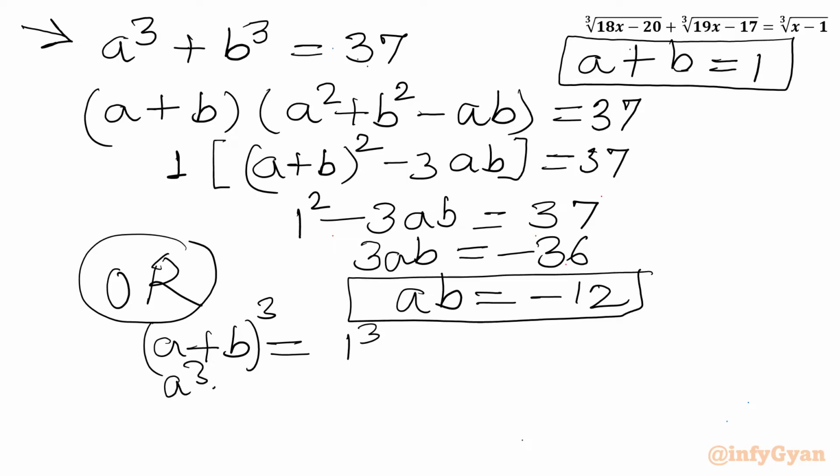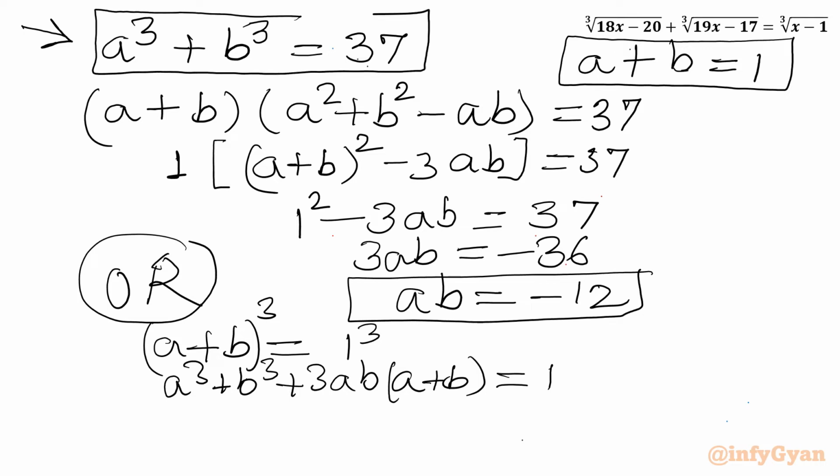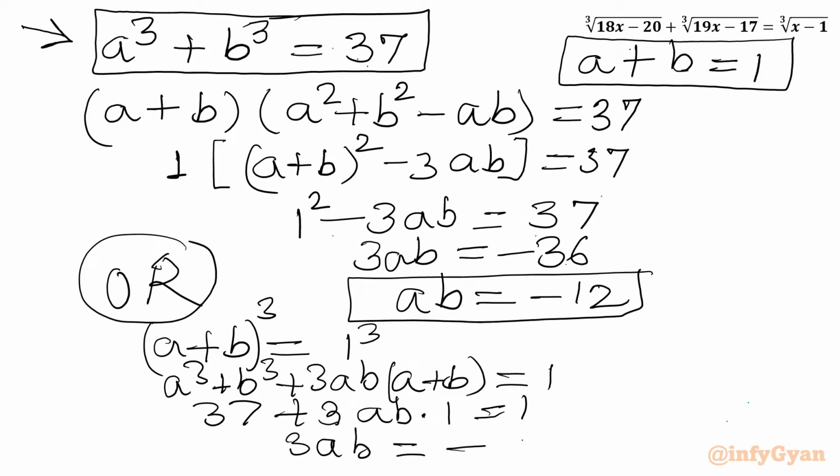So a cube plus b cube plus 3ab times (a plus b) equal to 1 cube, which is 1. a cube plus b cube is 37, so 37 here plus 3ab. Same equation we will be having. a plus b is 1, equal to 1. So I can write 3ab is equal to negative 36. So ab is equal to negative 12.